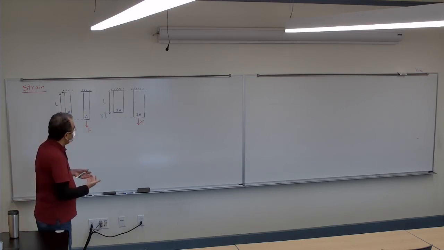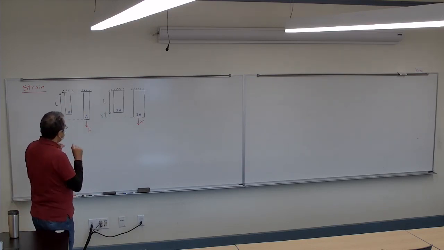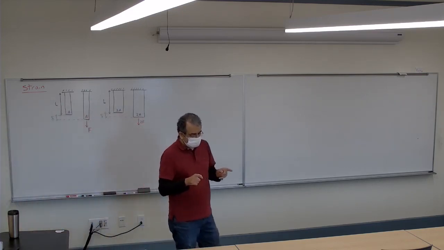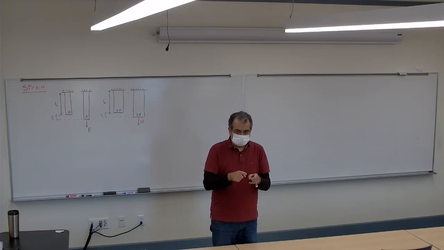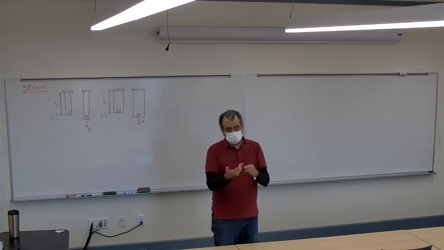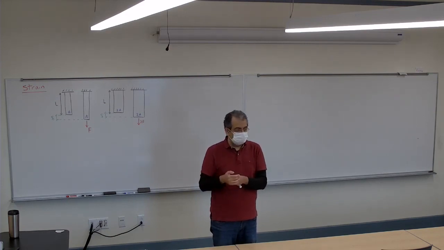So basically, if you increase the force and the cross-section area, or decrease the force and cross-section area, by the same factor, the deformation would just stay the same. Now, force and cross-section seem to be moving in the same direction.